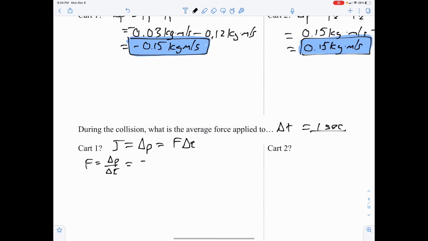So for Part 1, it's negative 0.15 Newton seconds. I'm going to use Newton seconds instead of kilograms meters per second. It's the same unit. Divided by 1 second, you can see that we're talking 0.15 newtons of force.